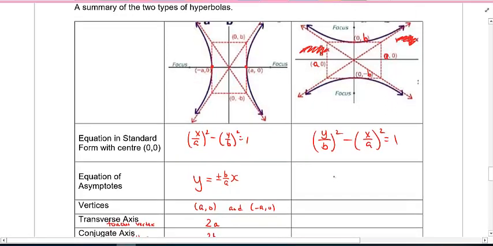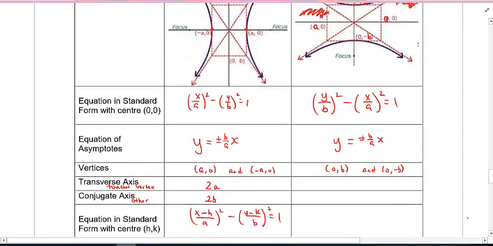The equation of the asymptotes now, once again, become plus or minus b over a times x. The vertices, however, now are 0, comma b and 0, comma negative b, because now the hyperbola opens upward and downward. The transverse axis changes because that's the one that touches the vertices. It's 2b now, and the conjugate is 2a.